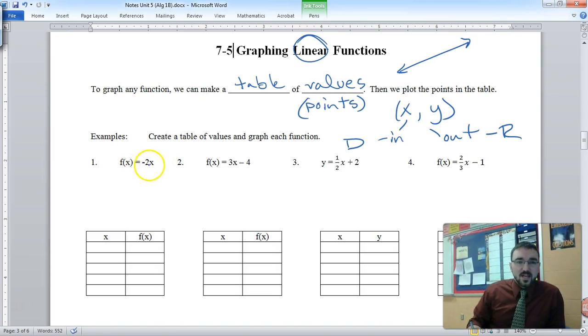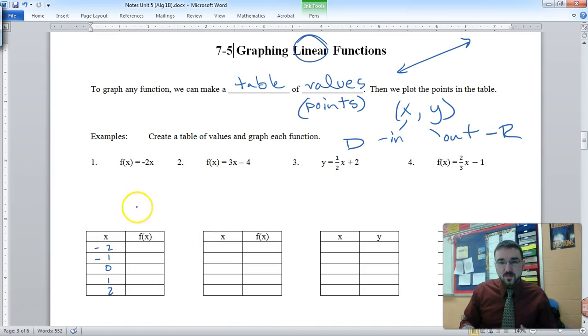All right, so f of x equals negative 2x. There are a couple of values that you traditionally want to try and plot. You want negatives, you want 0, and you want positives. So what I like to do is always start out with negative 2, negative 1, 0, 1, 2. Also make sure that you're looking at your graph. If you see that something isn't going to be divisible evenly, change your values.